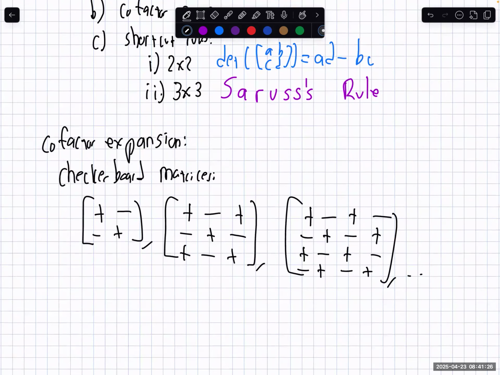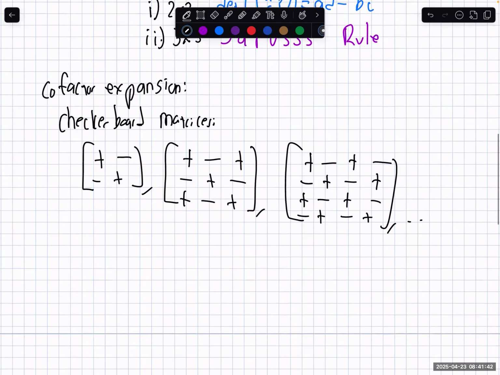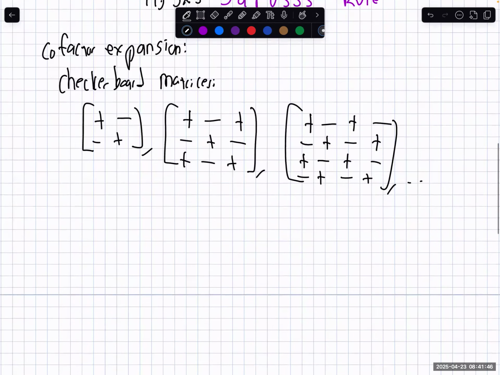Whenever you're doing a cofactor expansion, you'll have to pull up the appropriate sized checkerboard matrix. It's just a matrix of positives and negatives. And here's our problem.